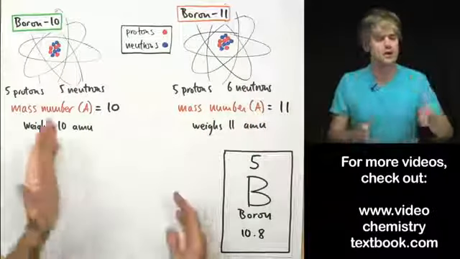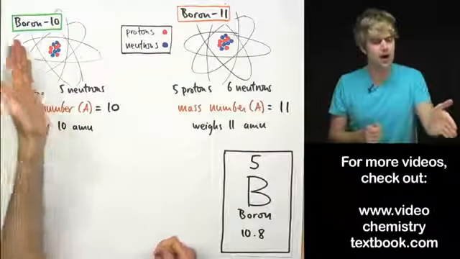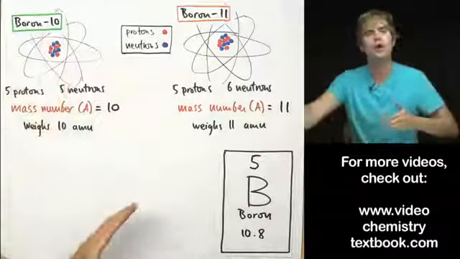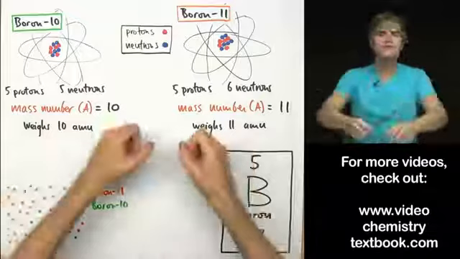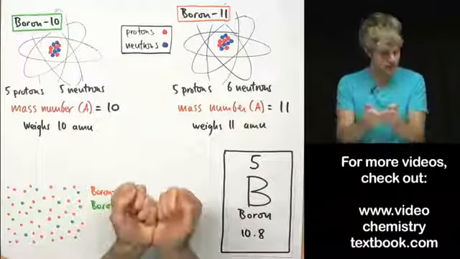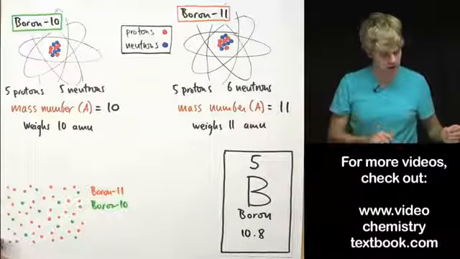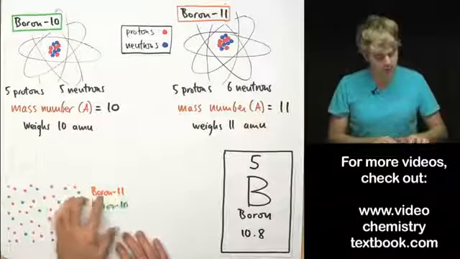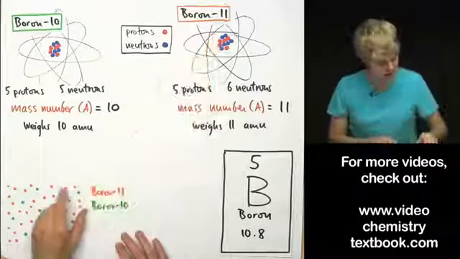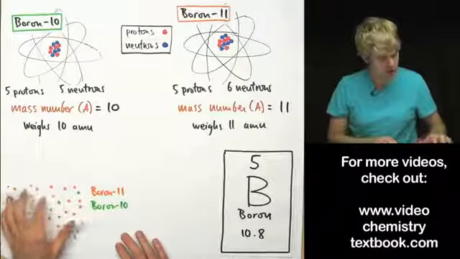Now the thing is, there is not an equal number of boron-10 atoms and boron-11 atoms. In fact, if we pulled 50 boron atoms at random and represented them here, we'd see that the majority of the boron atoms are boron-11, which I'm indicating with little orange circles here.